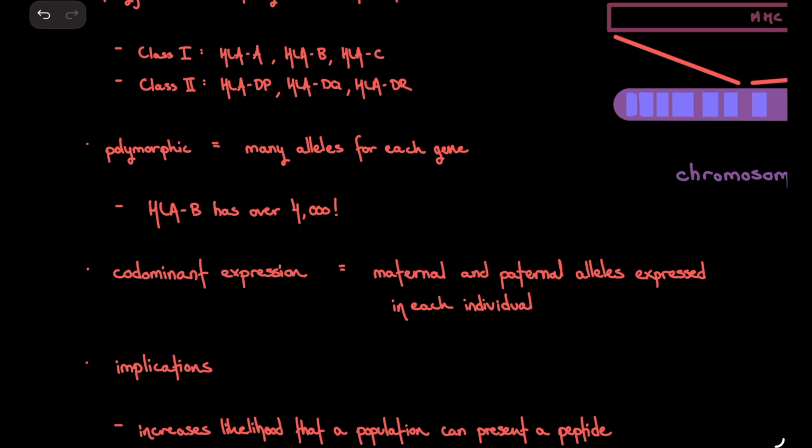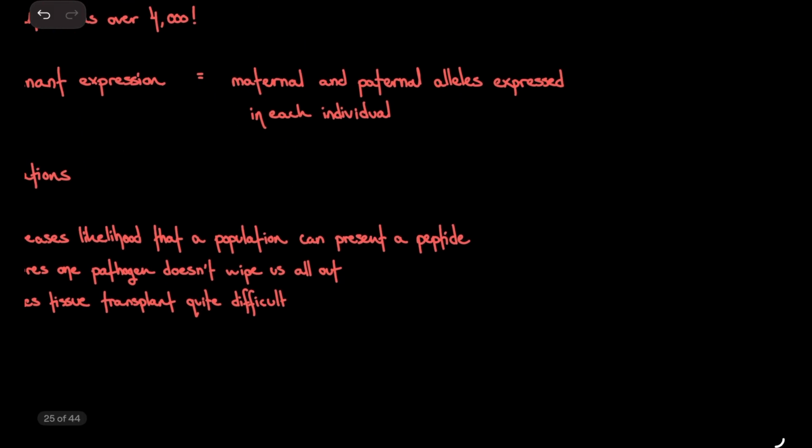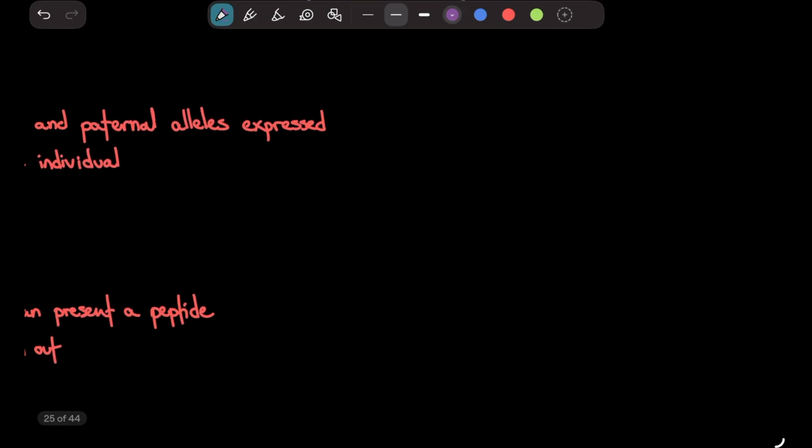Because you all have a chance of getting one from mom and one from dad. All right, so you have that typical Punnett square breakdown. Let's see if we can just do it here without me butchering. So mom 1, mom 2, dad 1, dad 2.